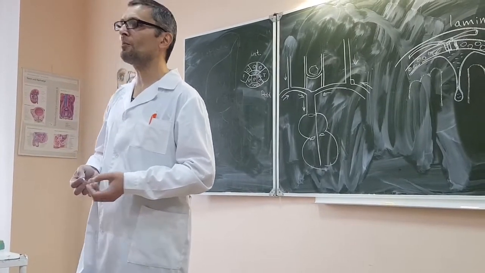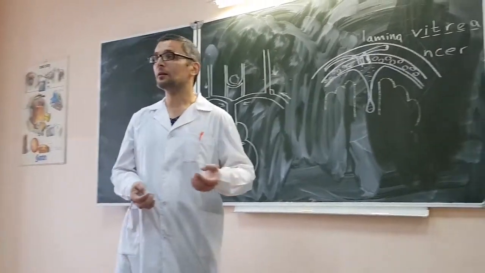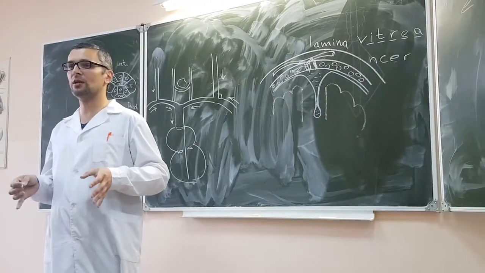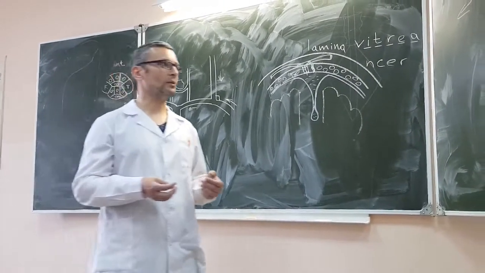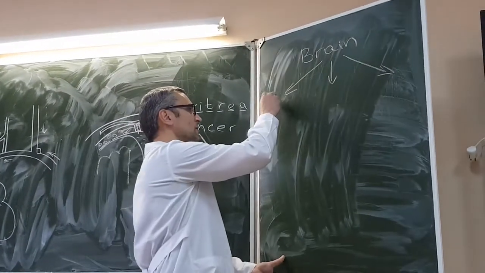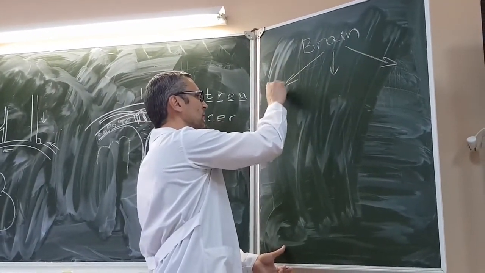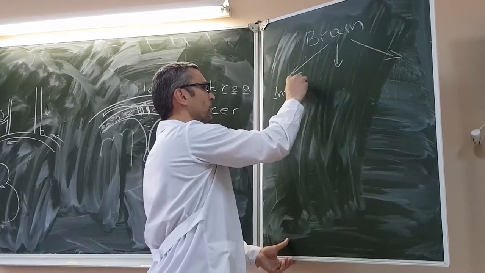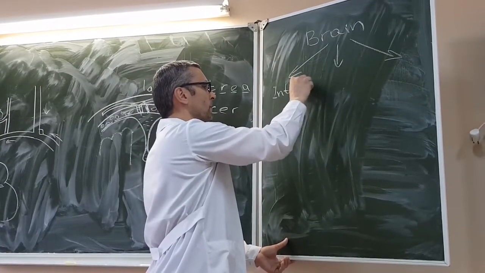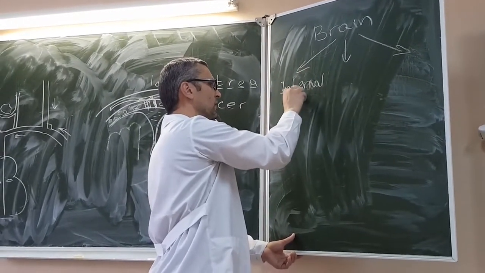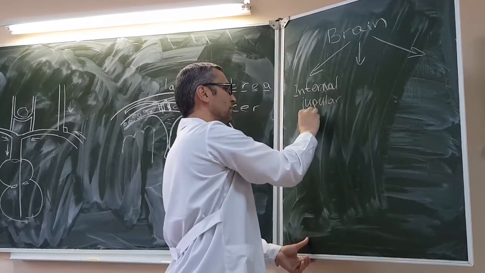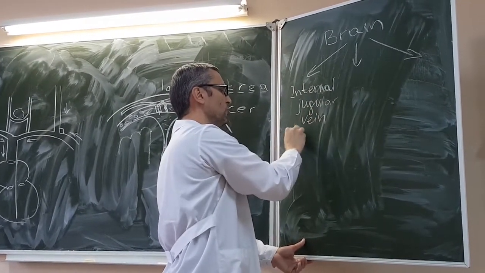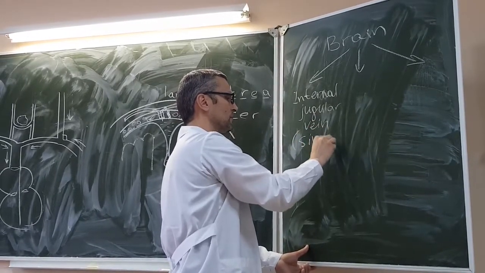That's why in our brain, there are three different ways of venous outflow. The first one, the most important, the basic, is the internal jugular vein, or through the sinuses.